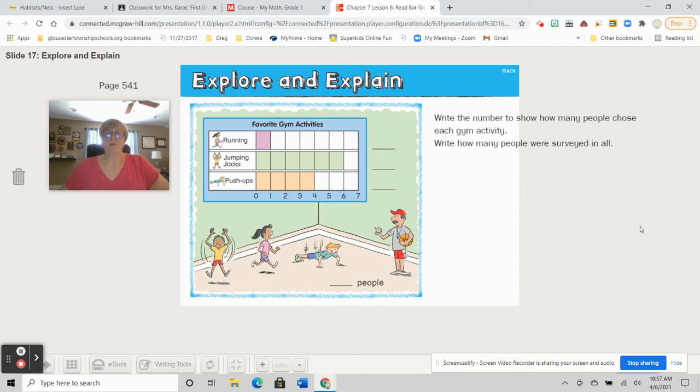They would like you to write the number to show how many people chose each gym activity. Okay, that's for running, jumping jacks, and push-ups. Then they would like you to put the answer of how many people were surveyed in all. So pause now, complete the chart, and come back to see your answers.